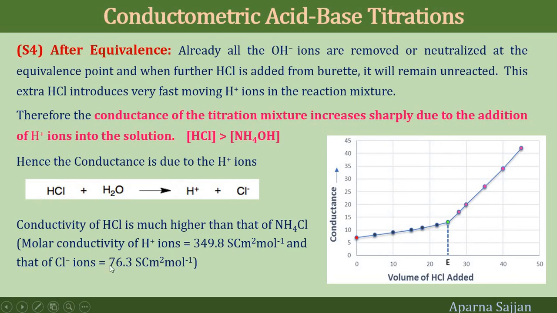Earlier there were only Cl minus ions in the beaker. Now we have added H plus ions, whose molar conductance is 349.8 Siemens square centimeter per mole. Hydrochloric acid is a strong acid which is completely dissociated into H plus and chloride ions. Therefore we observe a sharp increase after each addition of hydrochloric acid.